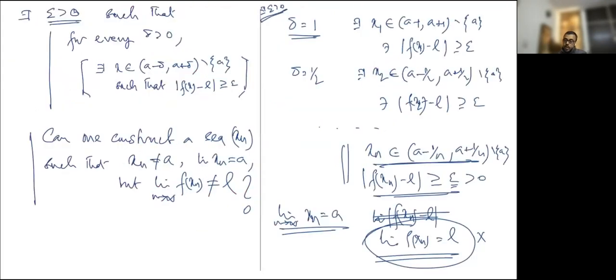And that would be guaranteed by this inequality. So it's the sequential characterization of limit of a function. A function has a limit near a point if and only if you approach that point through any sequence, the corresponding limit is that number.